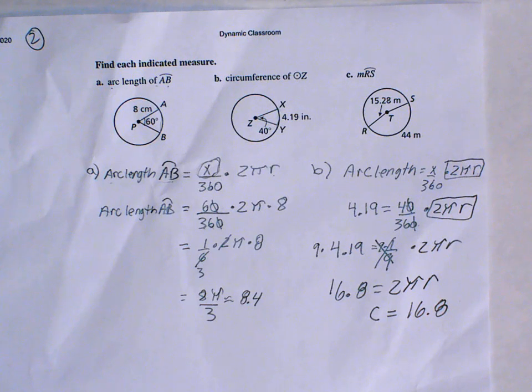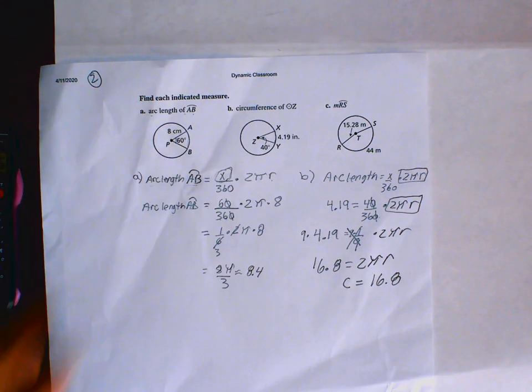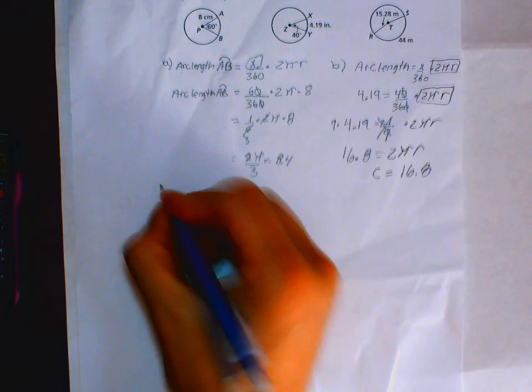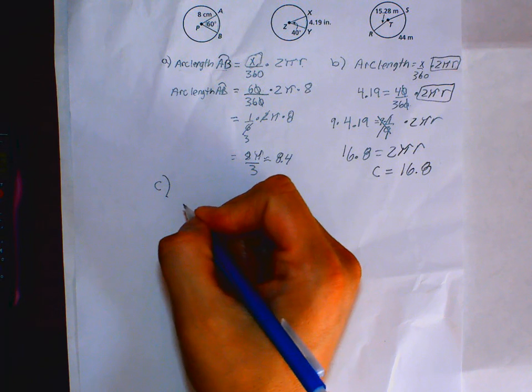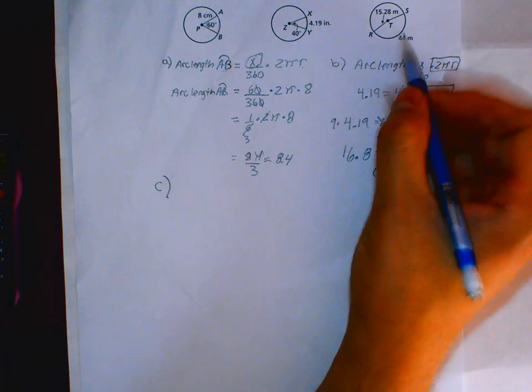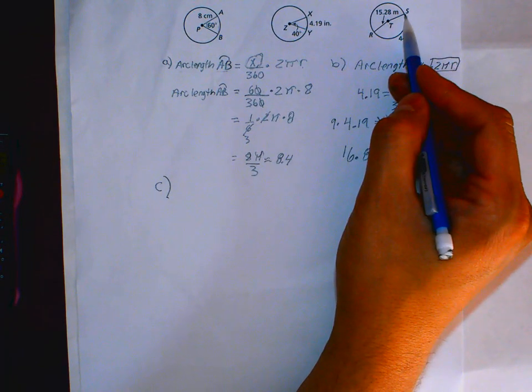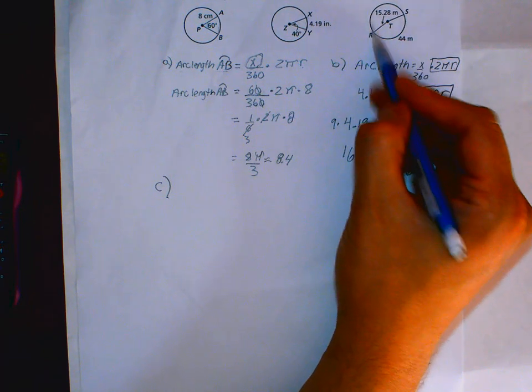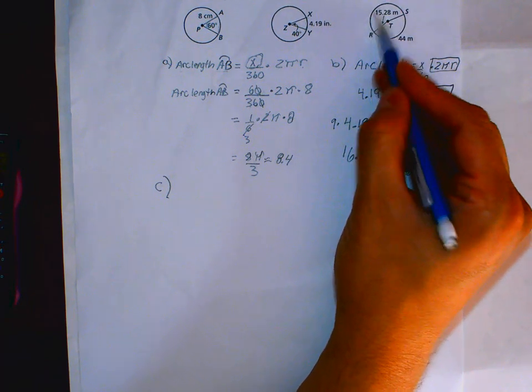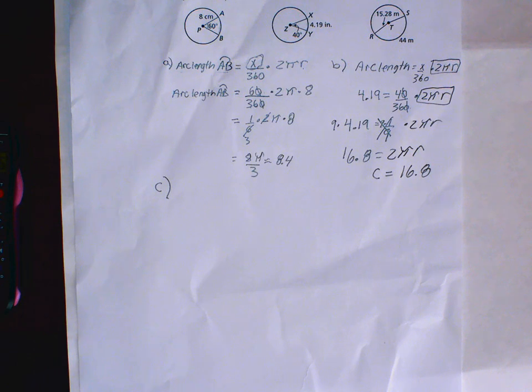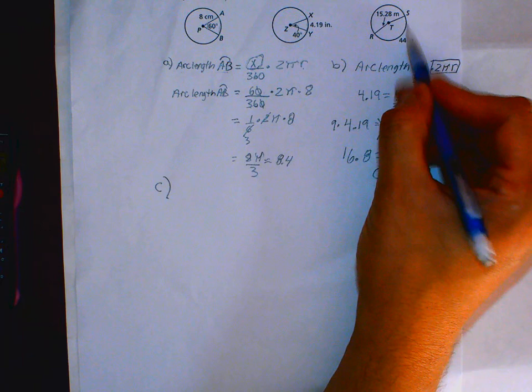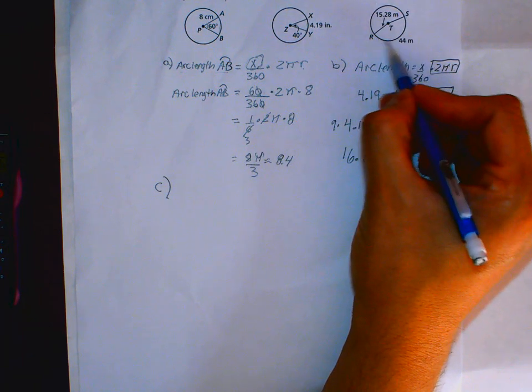Now, for the last one, let me zoom out a little bit. So for the last one, they want me to find the measure of RS. So the measure of RS, I'm assuming they're talking about the major angle. Actually, they're talking about the minor angle, not the major angle. How do I know? Because this is a measurement right here.